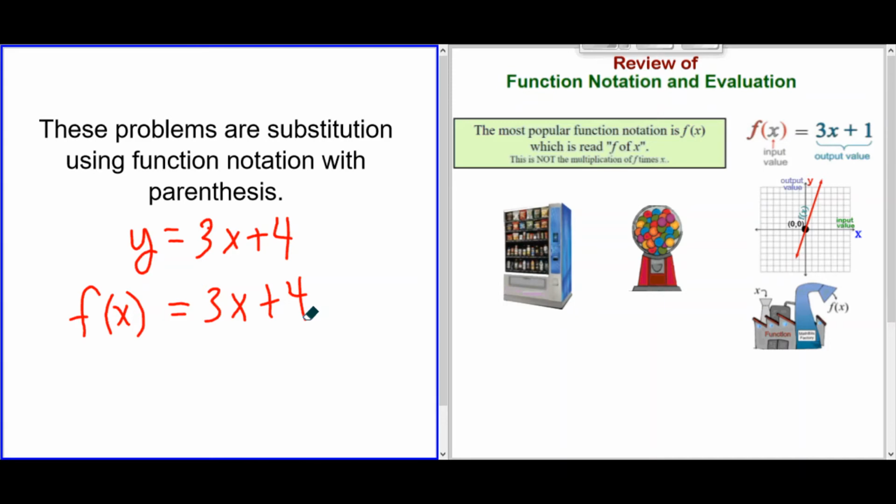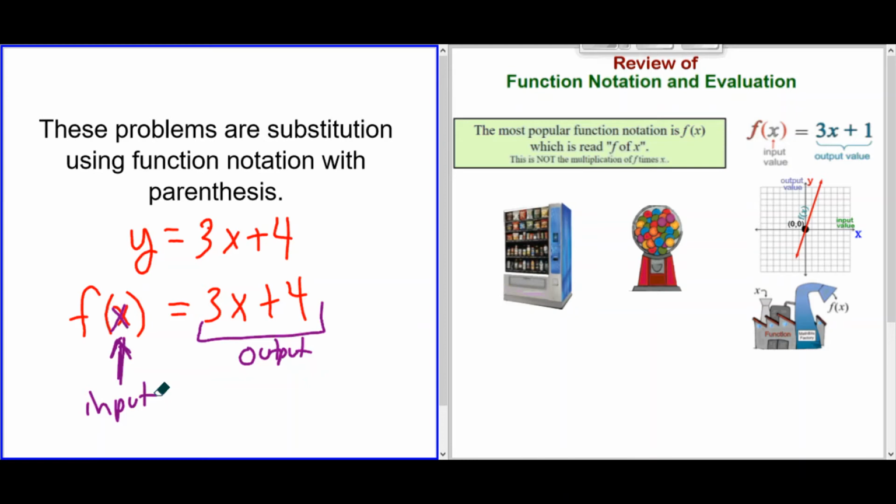So what this notation does is it really is nice when you're graphing multiple functions on the same graph. You can identify them easily. But also it shows you your input, which is the x, and then your output, which would be on the left. So it shows your function in this nice notation.